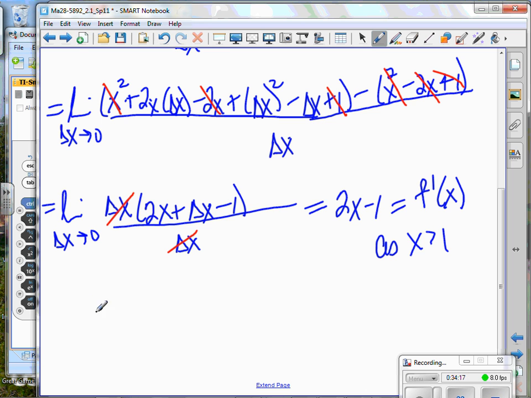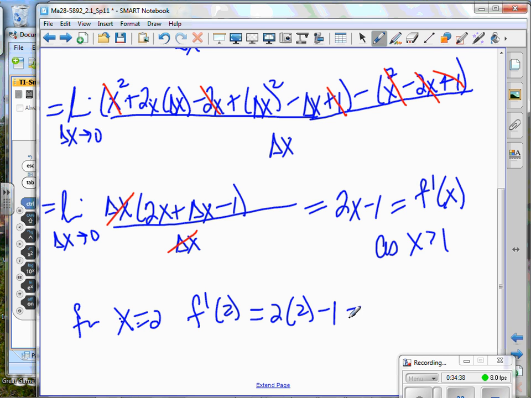So let's say x equals 2, the derivative is going to be 2 times 2 is 4, minus 1, or 3. We'll test it out.